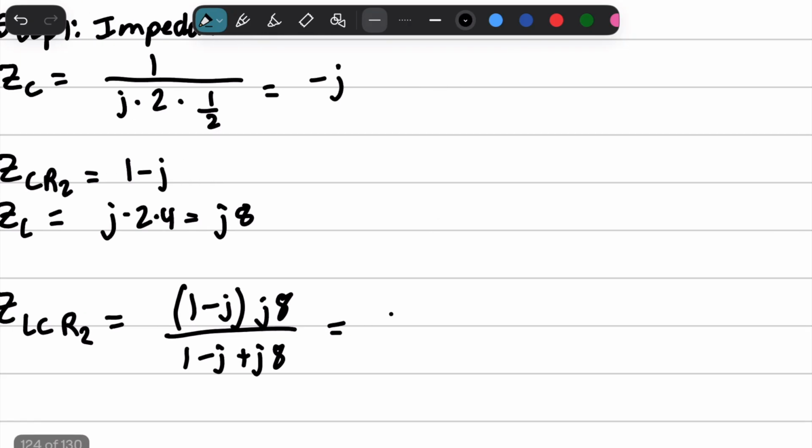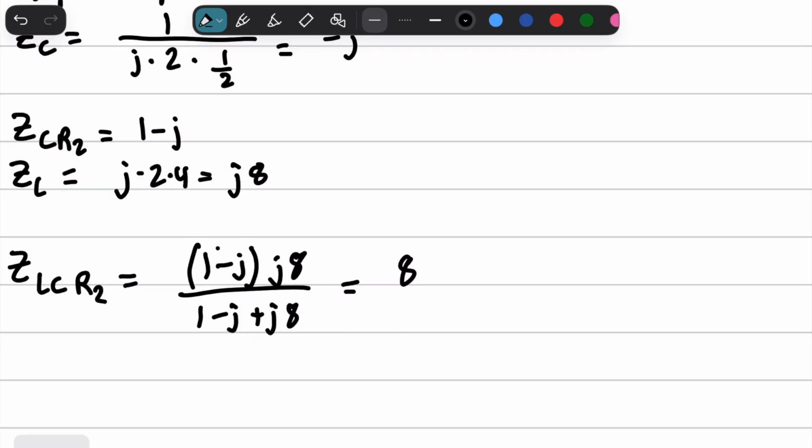And we're going to get 8, because negative J times J is positive 1. And so we got 8 plus J8 over, and this is simple, 1 plus J7.